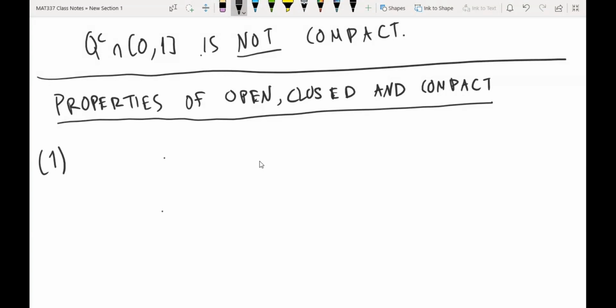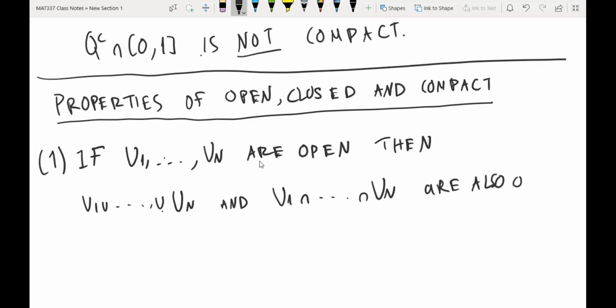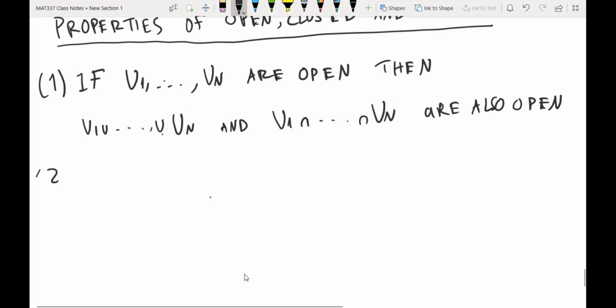Let's see. So one property is that if U1 to UN are open, then U1 union UN and U1 intersect UN are open as well. What else? 2.